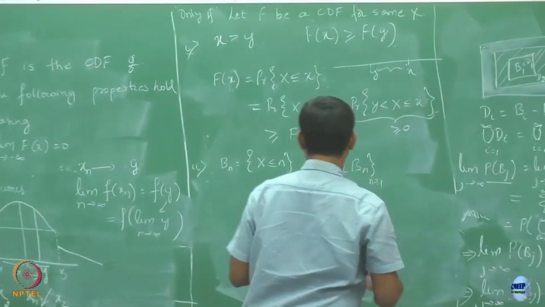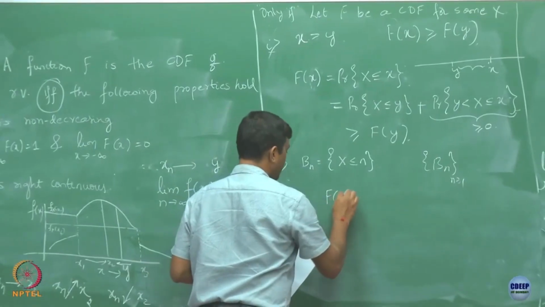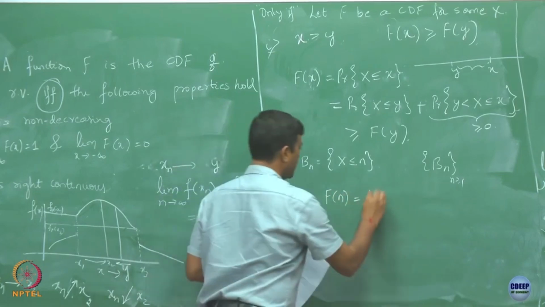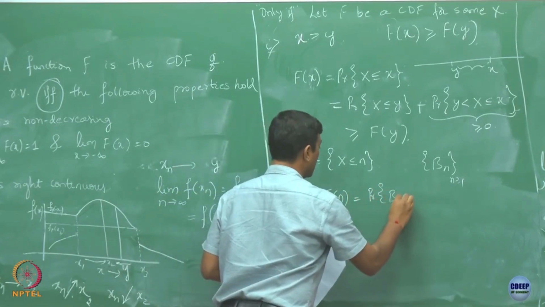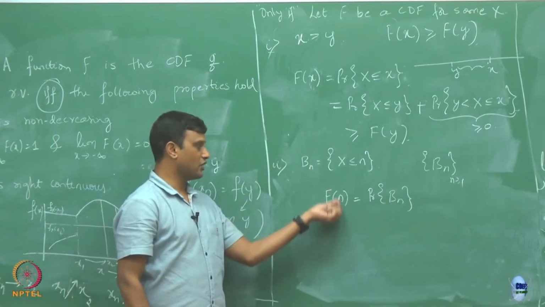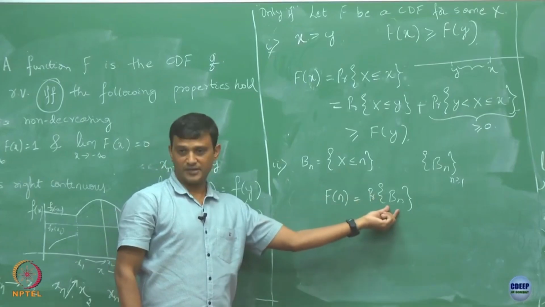Now, what is f of n? It is nothing but the probability of B_n, right? By definition, f of n means the probability that X is less than or equal to n. That is exactly B_n.